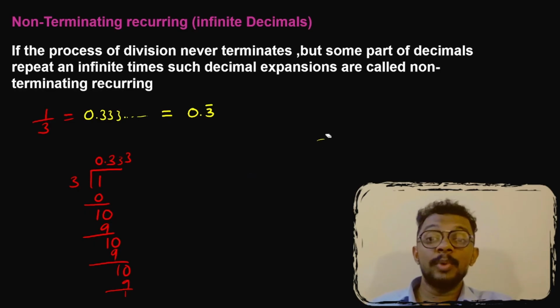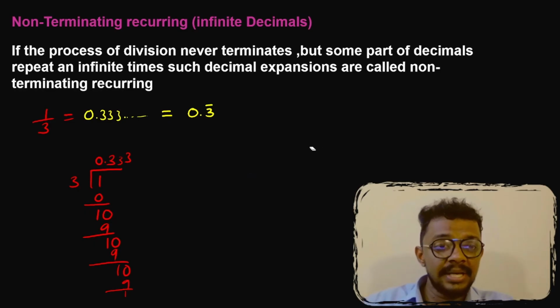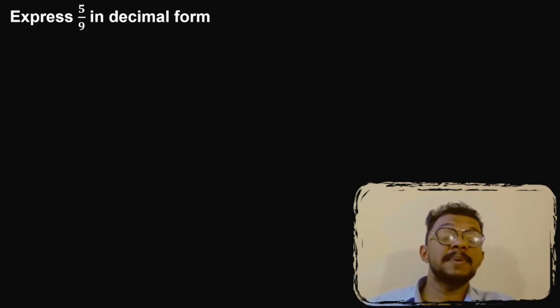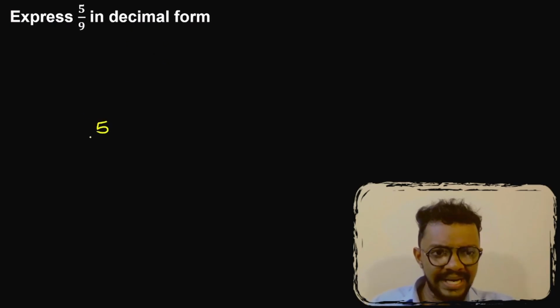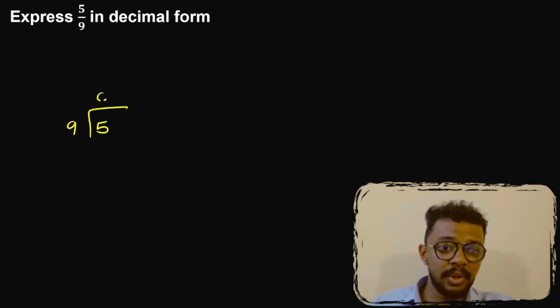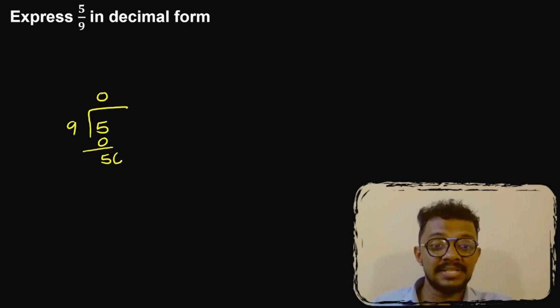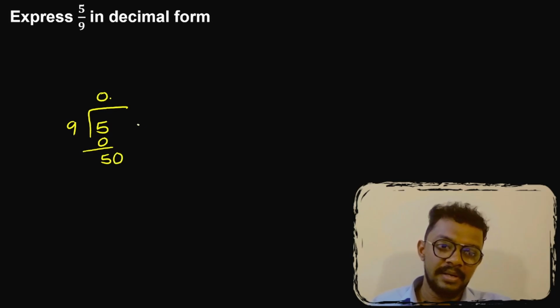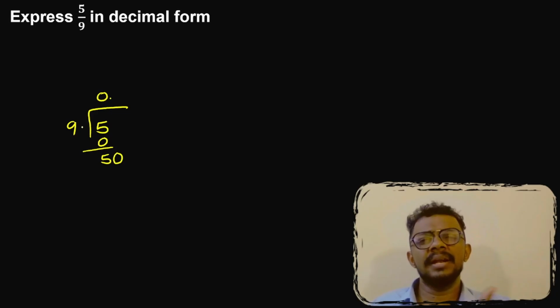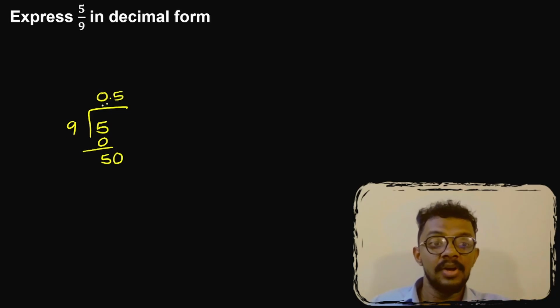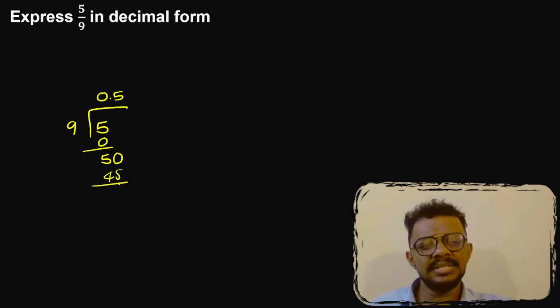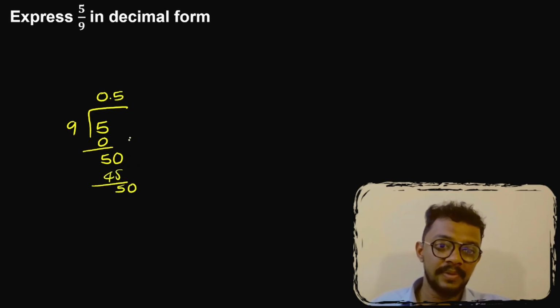Okay, we have some problems to discuss, and the problem is: express 5 by 9 in decimal form. Let's see in 5 how many 9's are there. There is 0, 0 into 9, 0. Difference is 5. So I'm giving an extra 0, and whenever I give an extra 0, I give a decimal. In 50, how many 9's are there? 9, 18, 27, 36, 45. So it is 5. 5 into 9, 45. Remainder 5 and extra 0.